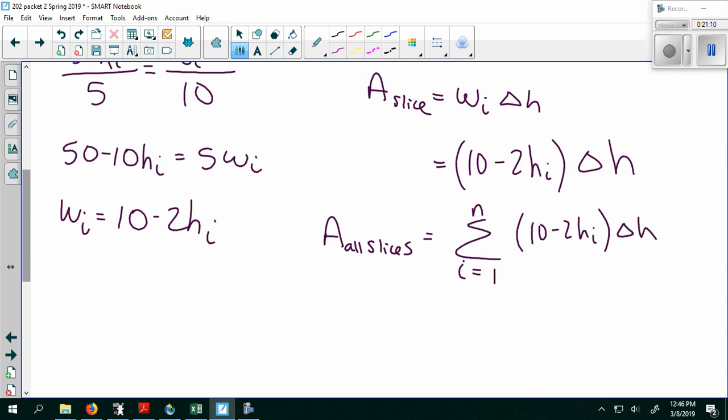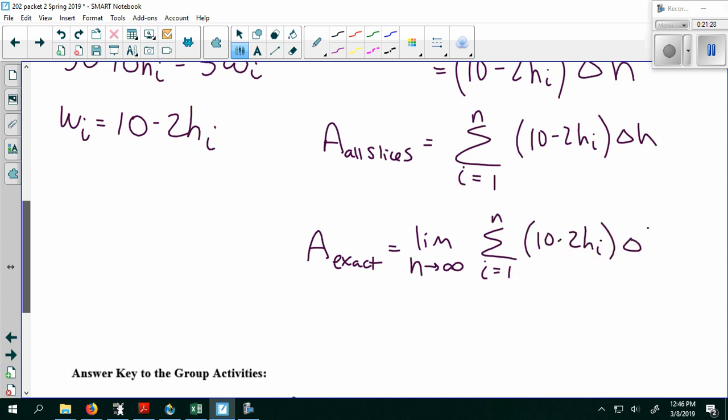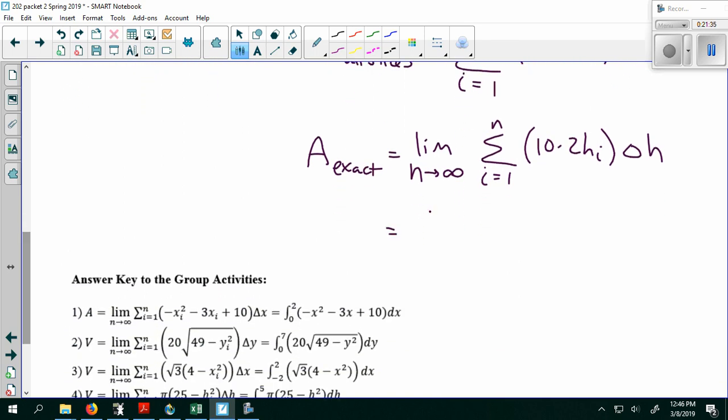And then my exact area is calculated by taking a limit as n goes to infinity. And that is the definition of an integral. That is the limit of a Riemann sum. So this is the integral of 10 minus 2h. Drop the sub i, and delta h becomes dh.